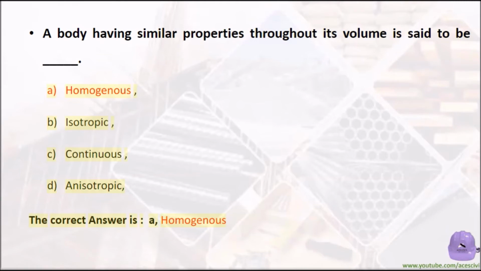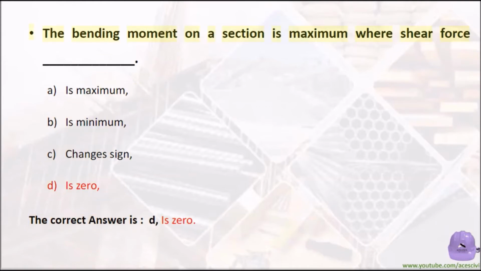The bending moment on a section is maximum where shear force: A. is maximum, B. is minimum, C. changes sign, D. is 0. The correct answer is D. is 0.